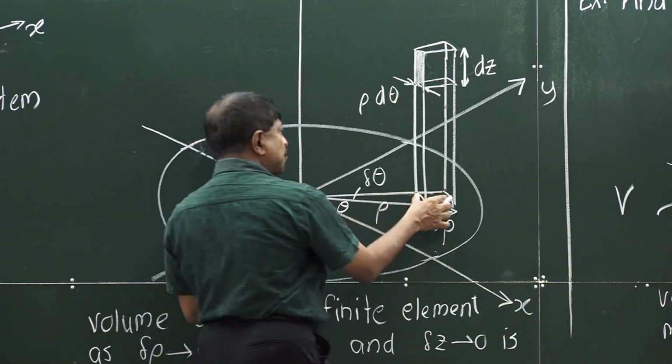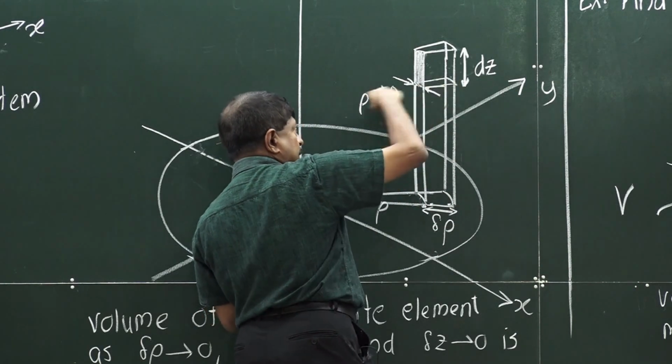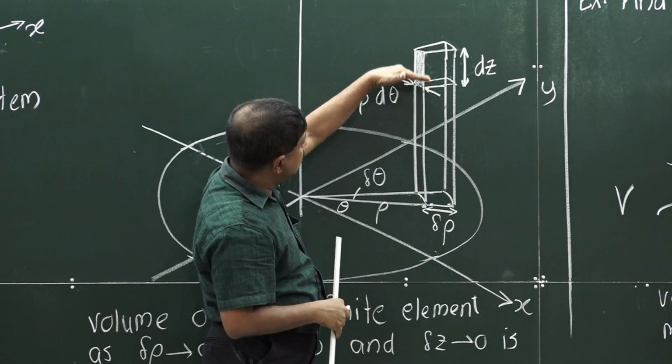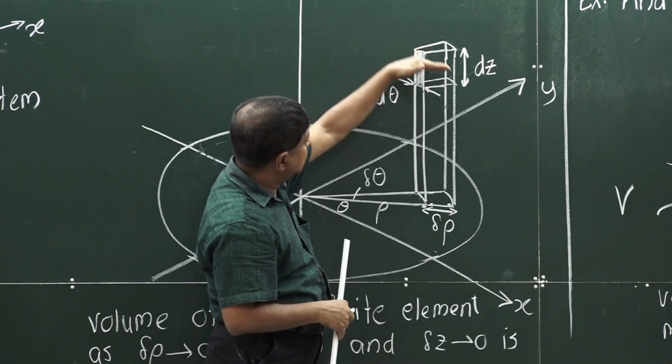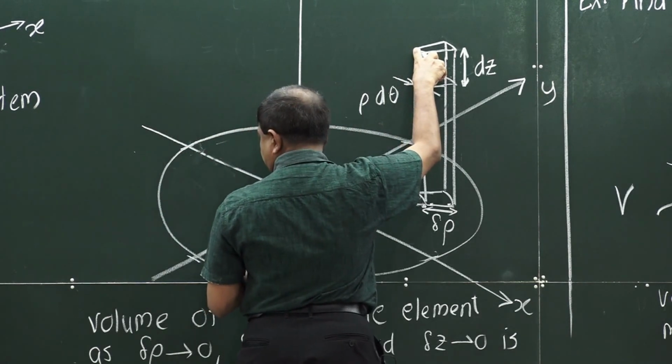And if you project this up onto a horizontal plane, you have the same shape. Now, you give an increment to z, that is dz. So, you have the object like this.